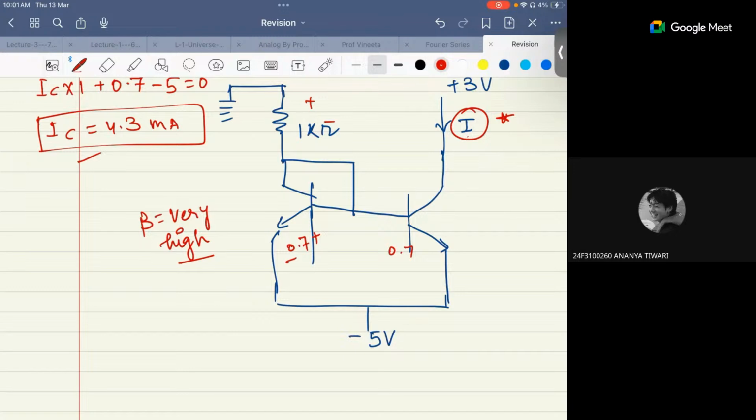Even though the beta is in terms of thousands, I out and I reference will be IC of the first one and I out will be the same. So you don't worry about the IB because IB will always be zero, because beta will always be high. If beta is less, then there is no use of this transistor.